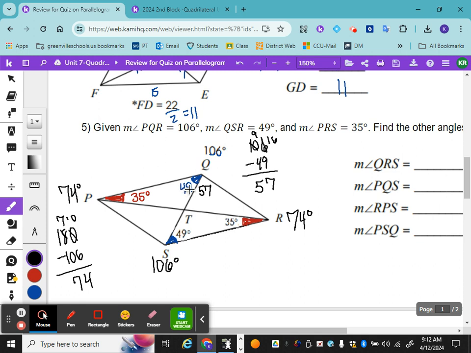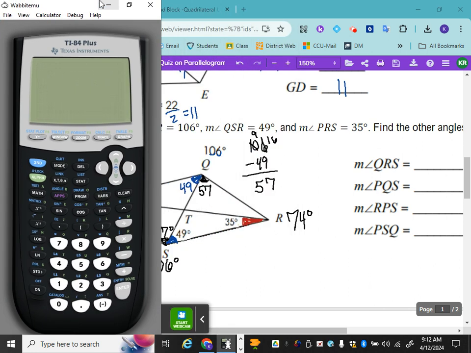Just make sure: 7 plus 9 is 16, carry the 1. Yeah. So this angle is 57, and this angle is 57. Check: is 57 plus 49 106? If it's not, you did your math wrong. 57 plus 49 has to be 106, and I did it right.